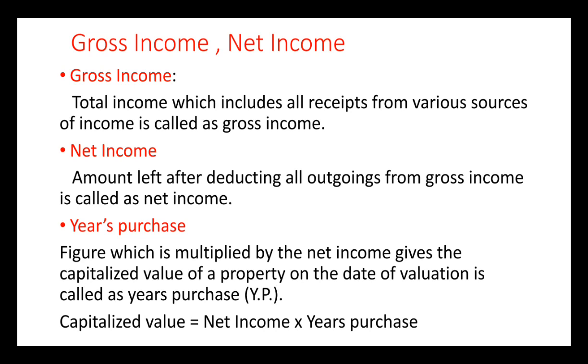So net income is equal to gross income minus outgoings. Outgoings are the expenditures or expenses which are to be incurred in connection with the property to maintain the revenue from it. Outgoings are generally 30% of the gross income.